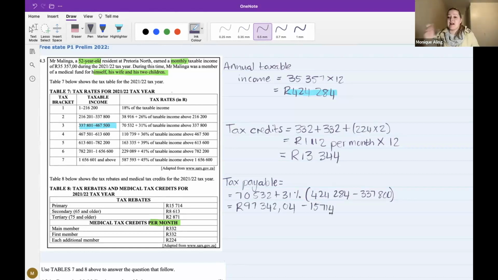15,714. Now remember with the step with the rebates, they said minus any rebates and medical tax credits. So this is where we minus our medical tax credits of 13,344. So that gives you tax payable amount of 68,284.04.